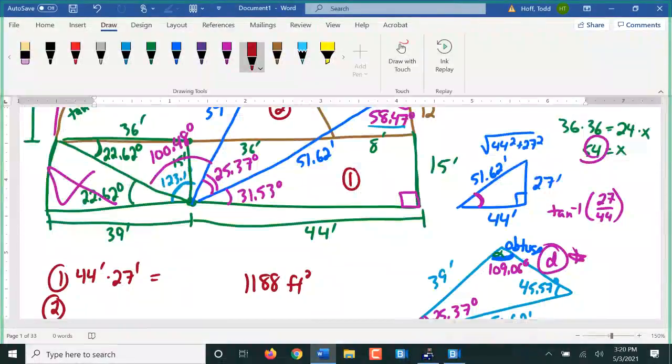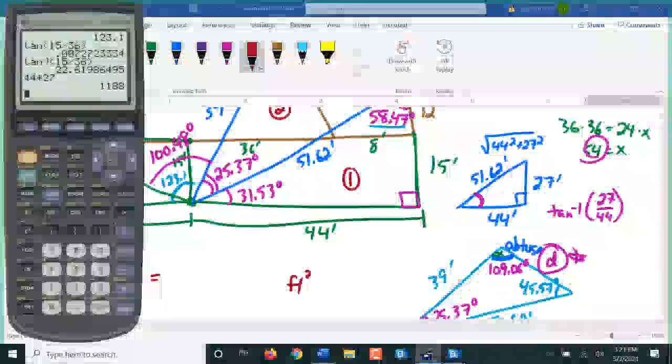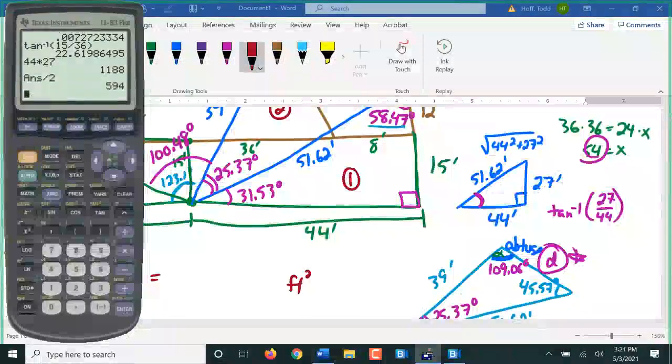Area of piece 2, oops, what did I forget there? Times 1 half, by 2. 594.